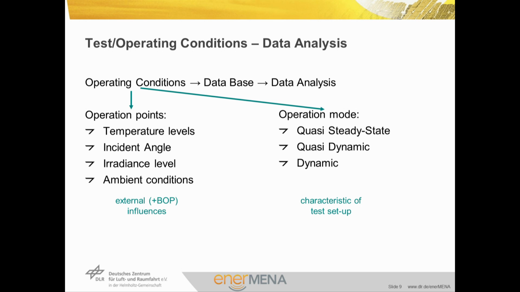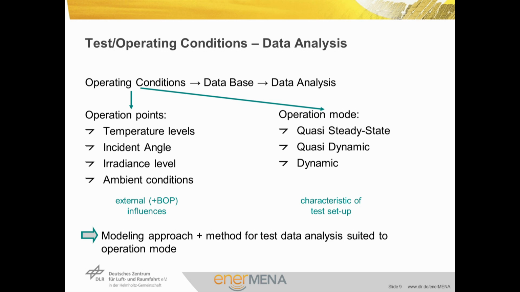Operation modes during testing are characteristic for individual test setups, their controllability, and means of maintaining constant fluid inlet conditions in spite of changing ambient and irradiance conditions. It goes without saying that modeling approaches and data analysis methods need to be adapted to the operation modes for data evaluation. In the following, typical test configurations and resulting test operation conditions will be introduced.